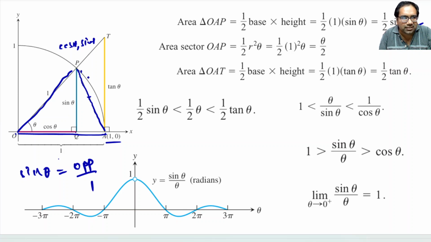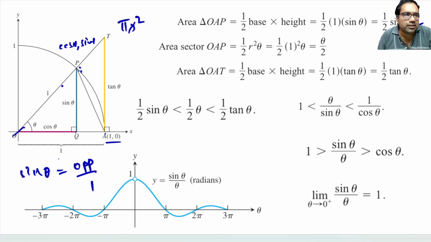Now let us take this sector, OAP again. This is the sector, right? Now what is the area of the sector? We know the area of a circle is pi r square, and here we are talking about radians.